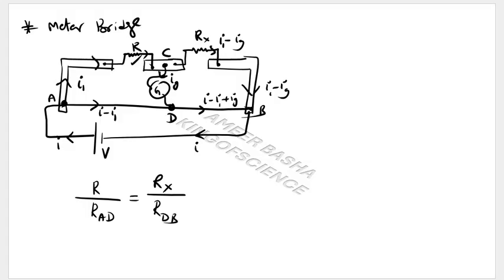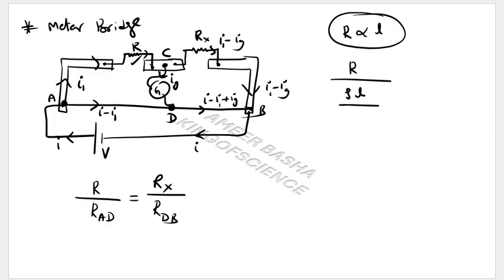So we use one trick here. Resistance is directly proportional to length. So RAD is rho times the length AD, call it L, divided by area, and Rx is rho times the remaining length divided by A. The total length AB is 1 meter, so if I measure length in centimeters, it becomes 100 centimeters.